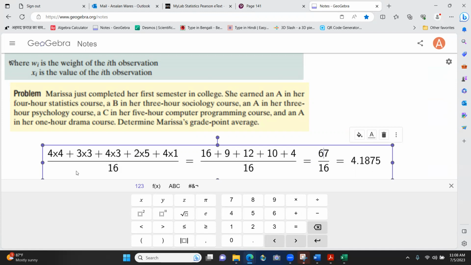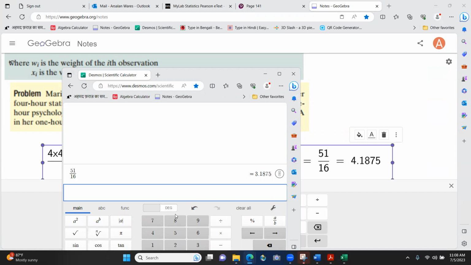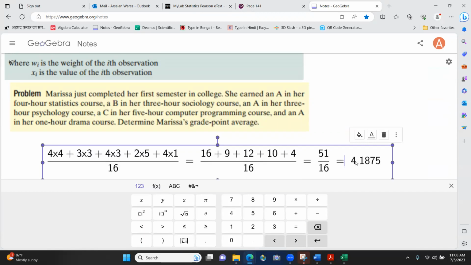We got it right now. And 51 over 16 is 3.18.